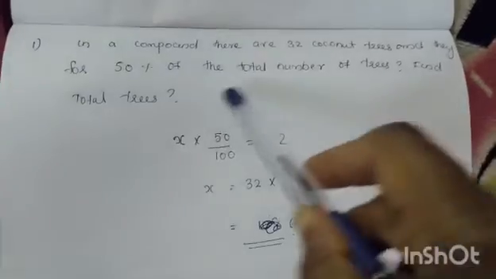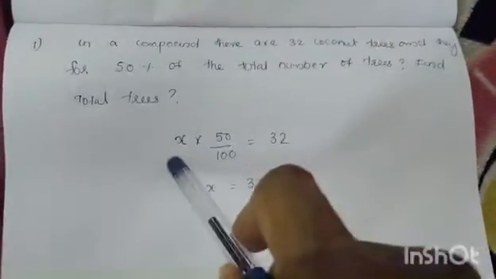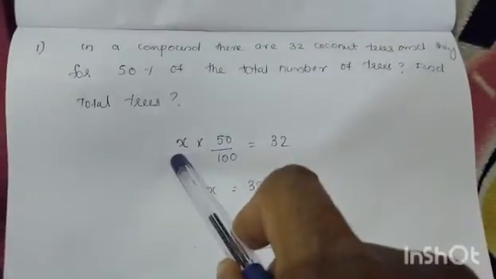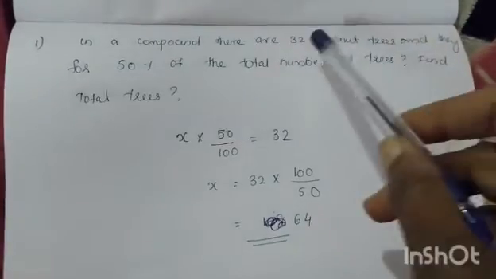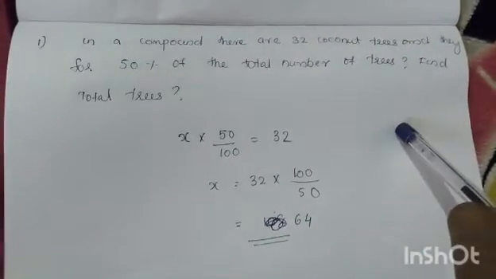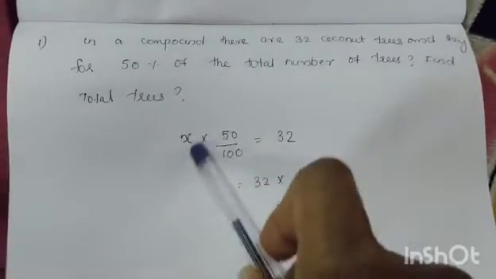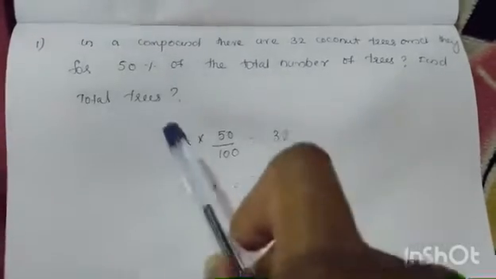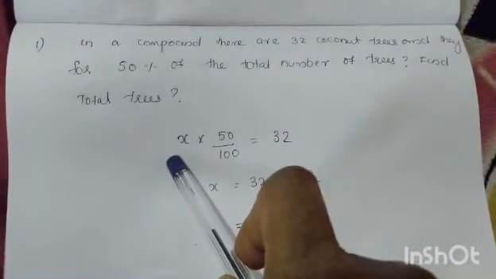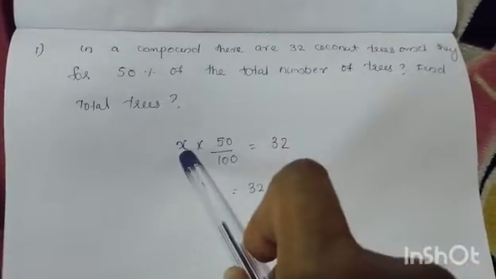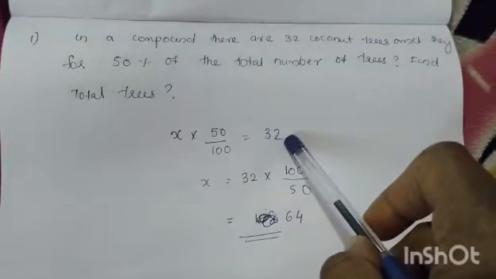Here, an unknown number x is the total number of trees. 50% of the total number of trees is 32. We don't know what the number is.